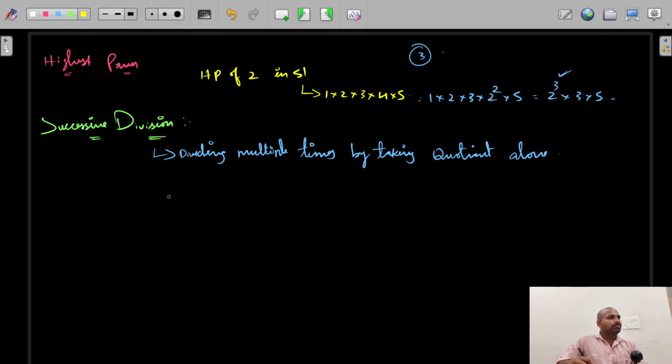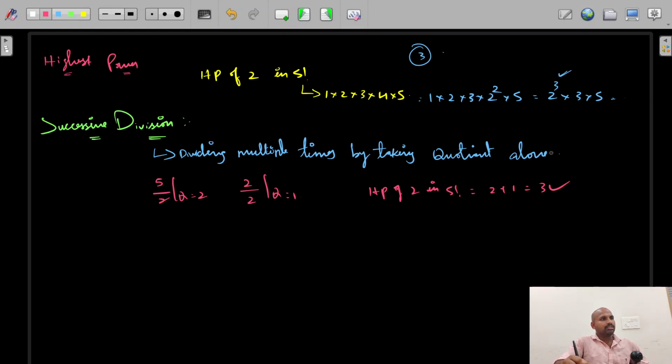For example, if I want to find the power of 2 in 5 factorial, first I will divide 5 by 2. My quotient is 2 because 2 twos are 4. Again, if I divide 2 by 2, my quotient is 1. Then the highest power of 2 in 5 factorial is just the sum of the quotients, 2 plus 1, which is 3. You can see this here.